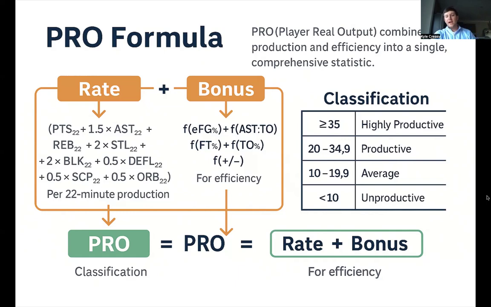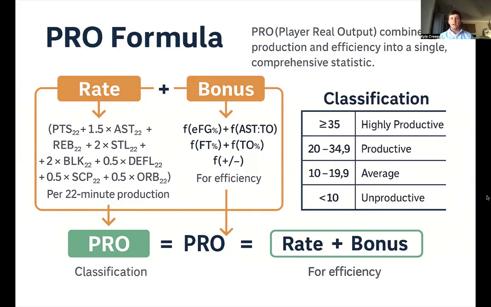Then you start getting into what the actual scores are at the end. There are four categories. If you are greater than or equal to a 35, you're considered a highly productive player. If you're between a 20 and a 34.9, you'd be considered a productive player. So anything that's 20 or above, you're doing good, like you're making good use of your minutes. Anything between 10 and 19.9, you're an average player.